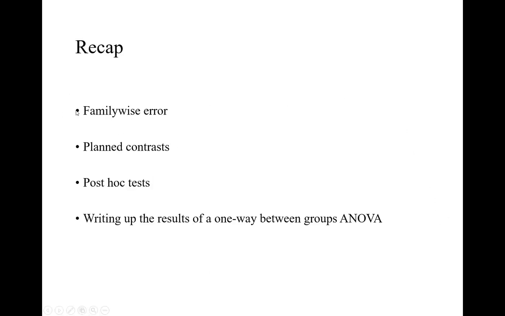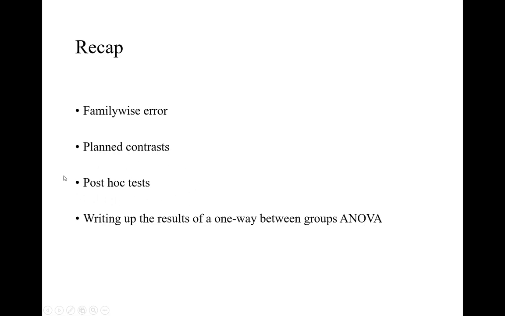So recap, we've talked about familywise error. Again, you don't need to be able to calculate that, but you do need to be aware that it can be an issue if you just run a bunch of different comparisons. We don't want to be making type 1 errors all the time, so we want to be aware and try to account for familywise error, make adjustments, or do planned contrasts so we don't have to worry about it. Planned contrasts, we talked about these in a lot of detail. Post hocs, we probably didn't unpack these as much as we could have, but really you don't need to know what's going on underneath them.